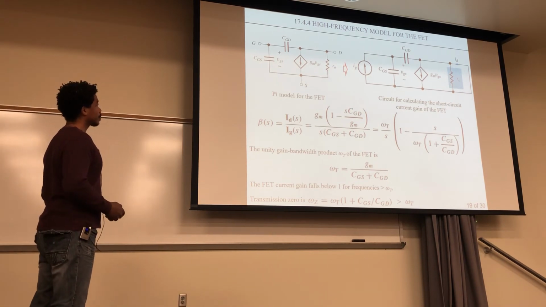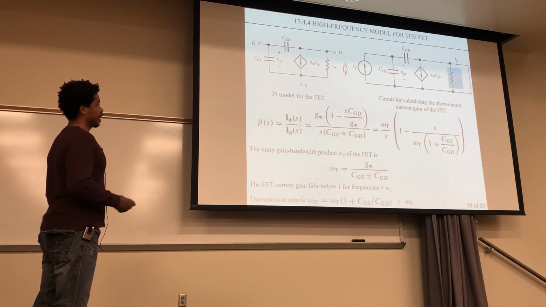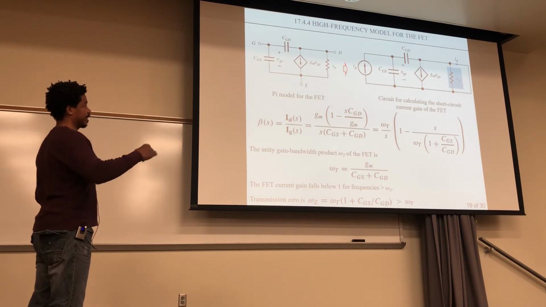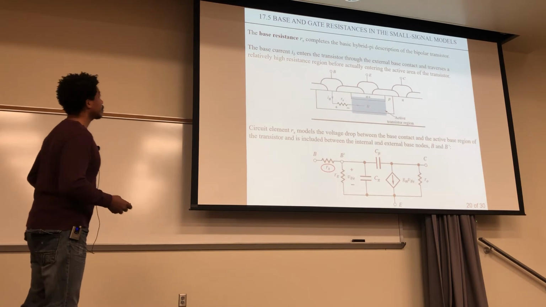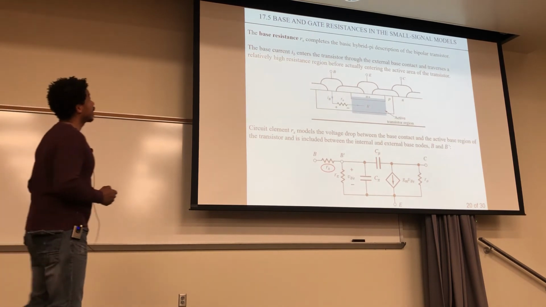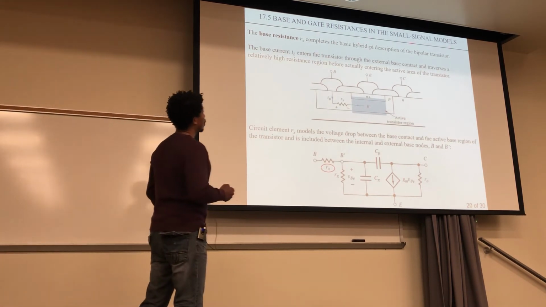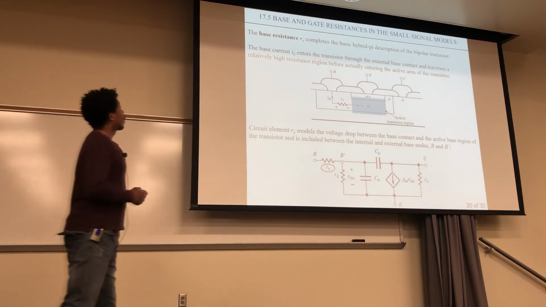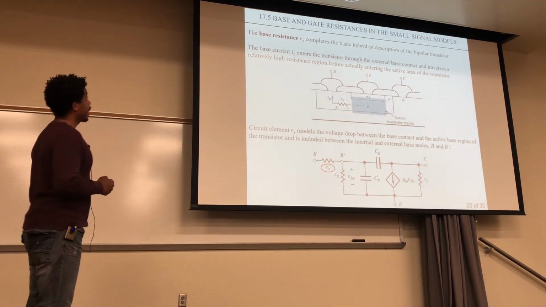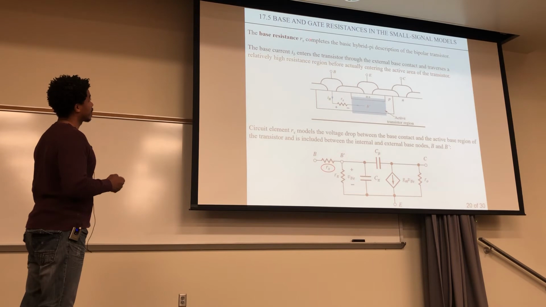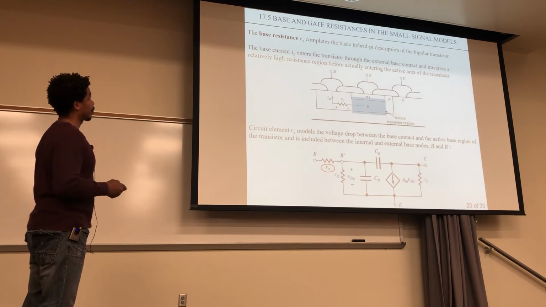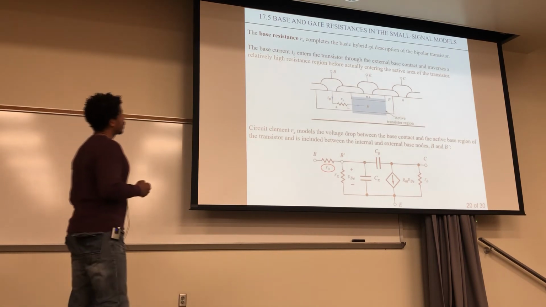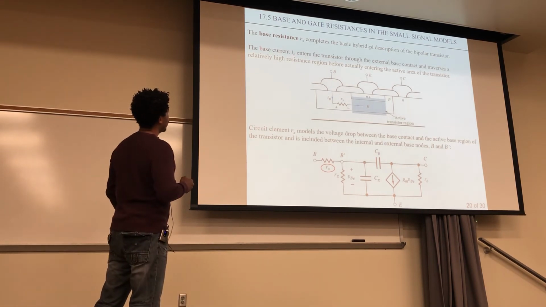Okay, so let's look at the base and gate resistances in the small signal models. Now this base resistance, we're going to call it Rx, which is right here. This is going to complete our hybrid pi description for the bipolar transistor. The base current IB right here enters the transistor through an external base contact and traverses a relatively high resistance region before actually entering the active area.